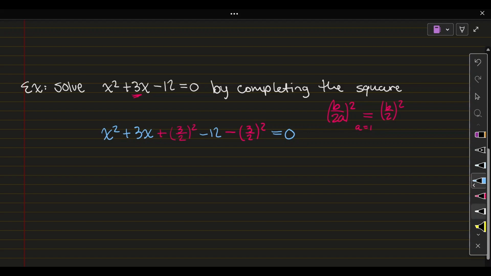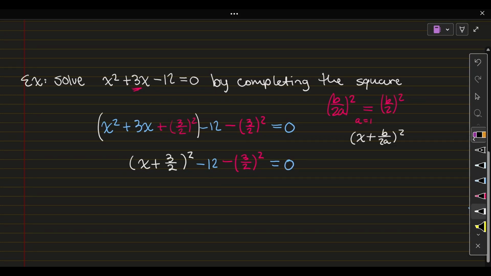Okay, so I notice that this here is my perfect square, and my perfect square has the form x plus b over 2a squared. So my perfect square here will be x plus 3 over 2 all squared, and then I have minus 12 minus 3 over 2 squared, and that equals 0.